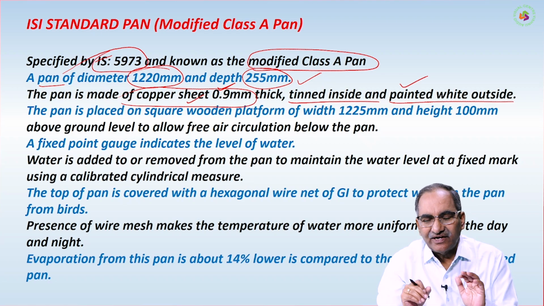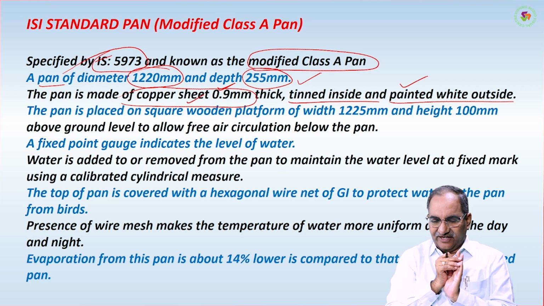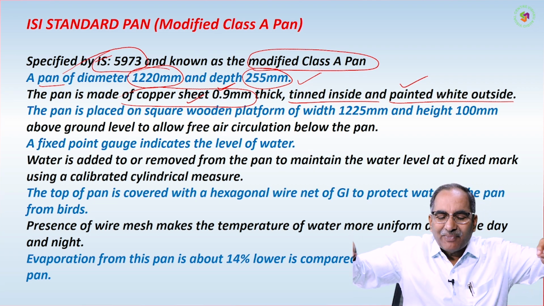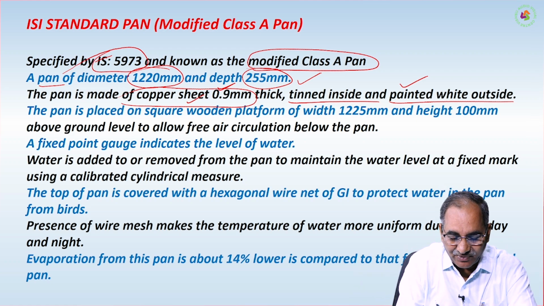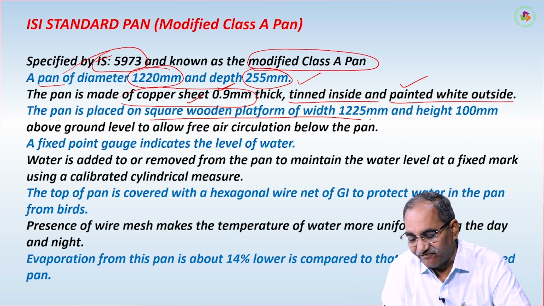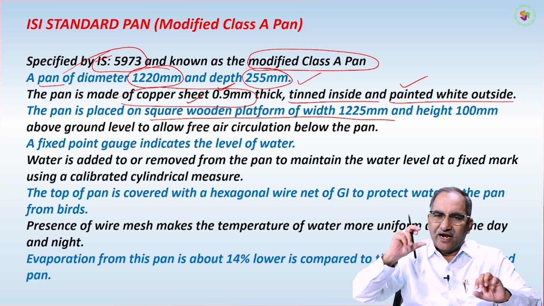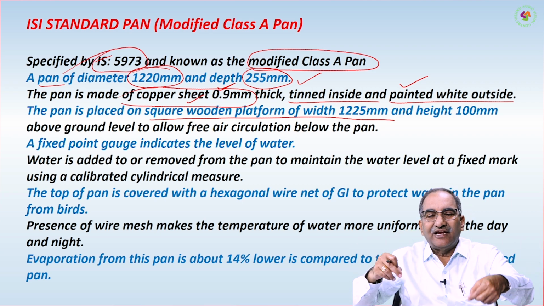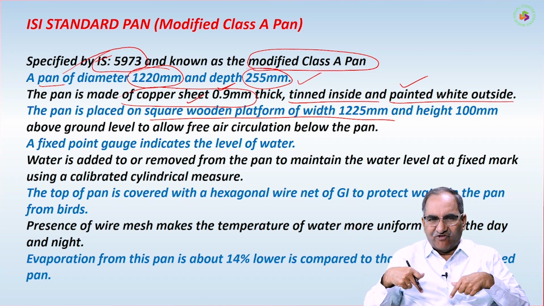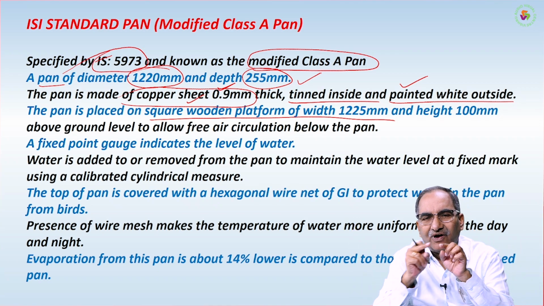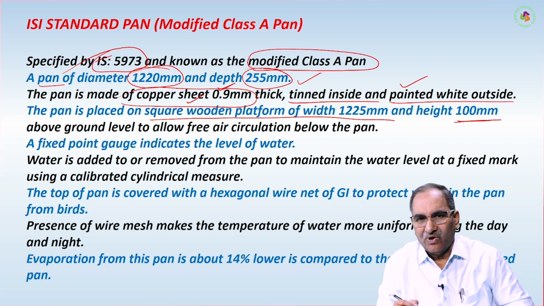Inside is tinned and outside is painted white. Now this pan we will keep on a square wooden platform. We have made a wooden platform of width 1225 mm, a little more than the pan, and its height is 100 mm above the ground.